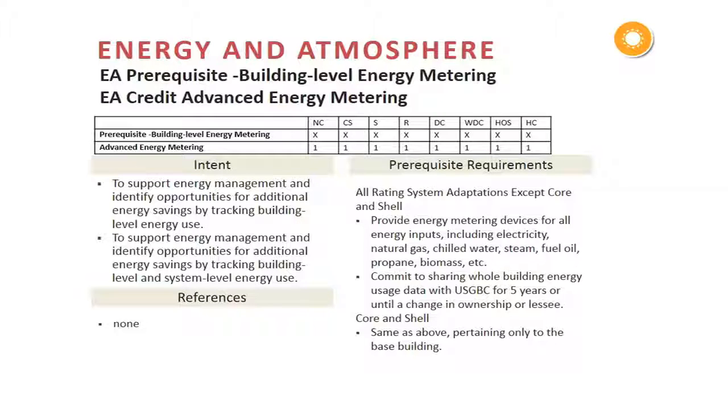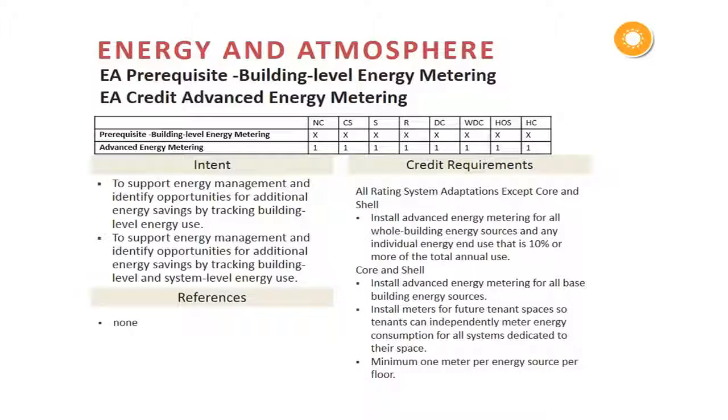The additional criteria here is that the building commit to sharing this whole building energy usage data with USGBC for at least 5 years or until there's a change in ownership. Core and shell, the only difference here is that it pertains just to the base building system. So you would not be committing, say, the future tenants to sharing this information with USGBC.